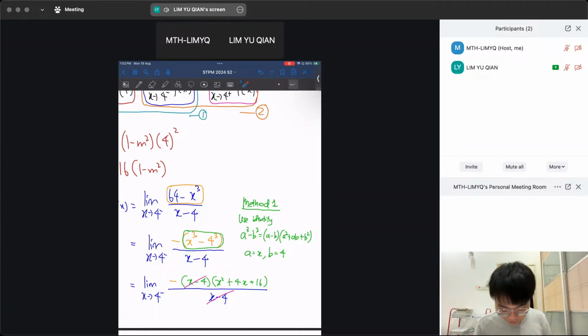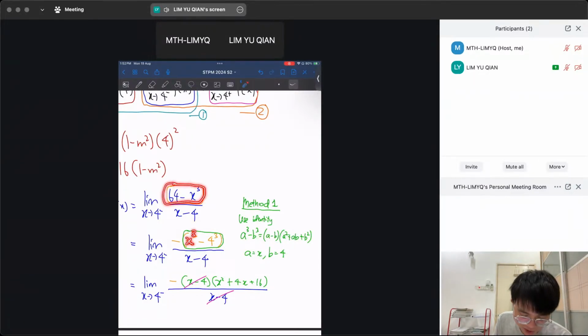Okay, let's continue. 这个呢要 factorize 那个 x minus 4 出来。It's better and easier to put x cubed in front: positive x cubed, then the negative you throw in front. 64 is 4 cubed.